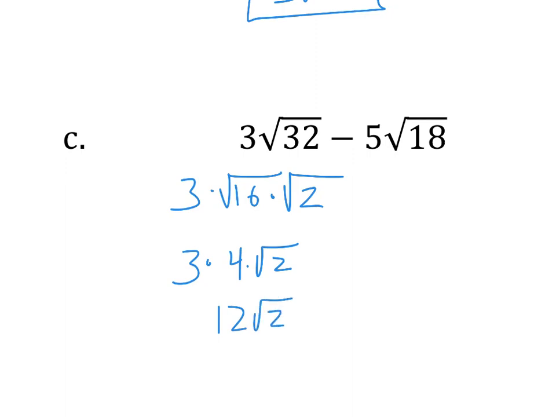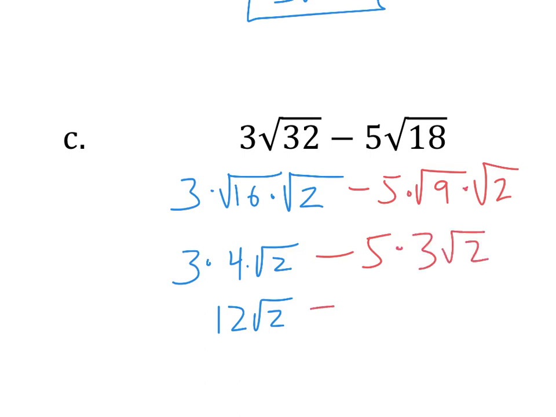All right. Now, we have to deal with this other one here, 5. We have to simplify the square root of 18. What perfect square goes into 18? 1, 4, 9, 16, 25. Which one? Well, 9 is the perfect square. 9 times 2. And the square root of 9, this is all multiplied. Square root of 9 is 3. And so 5 times 3 is 15.